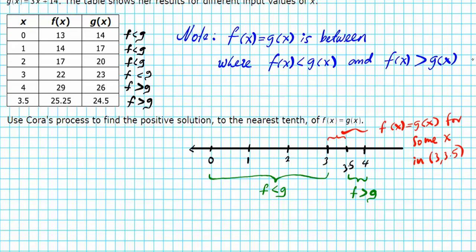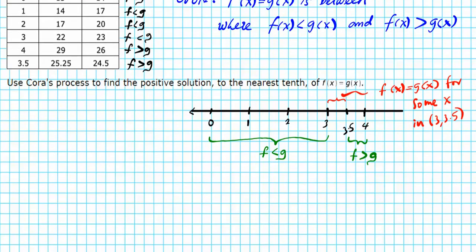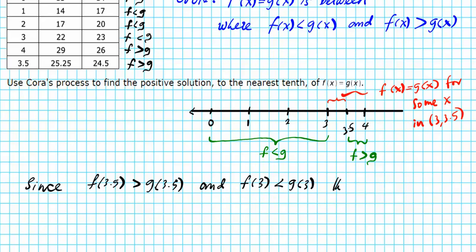Let's write down the remark that's guiding the whole problem solving process. Since f of 3.5 is greater than g of 3.5 and f of 3 is smaller than g of 3, the solution must be where?